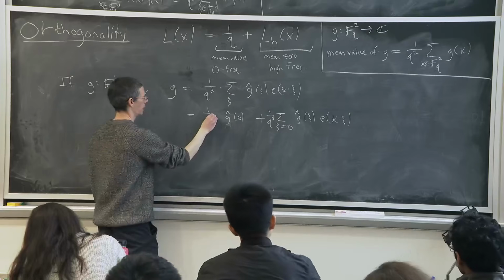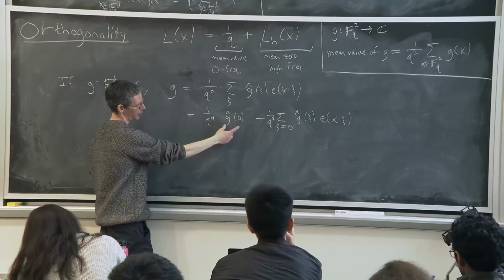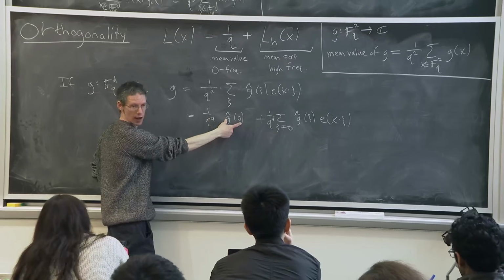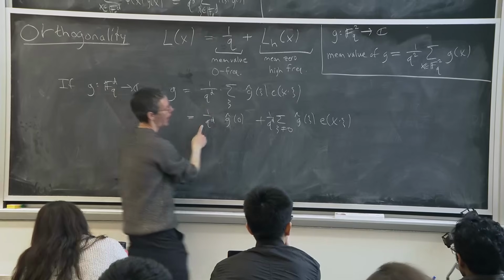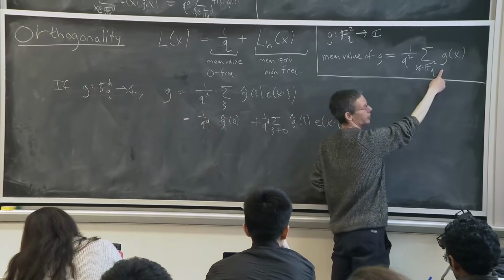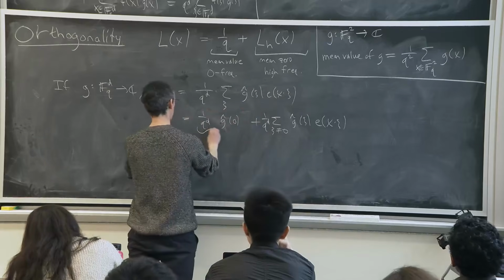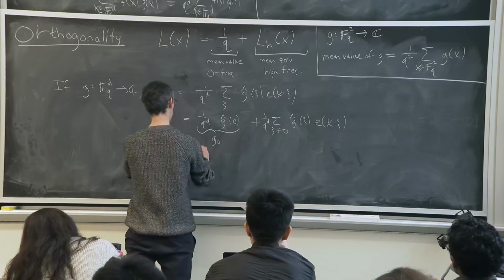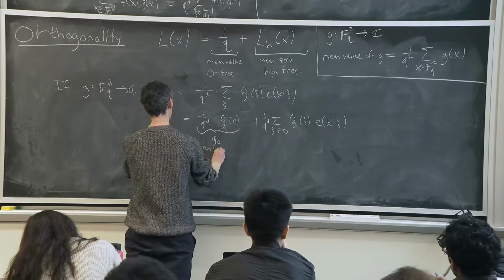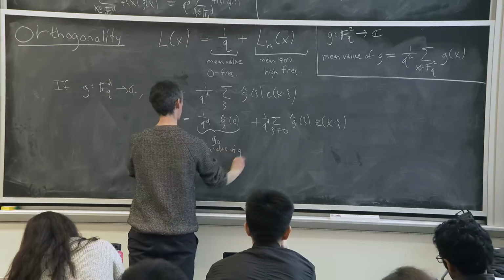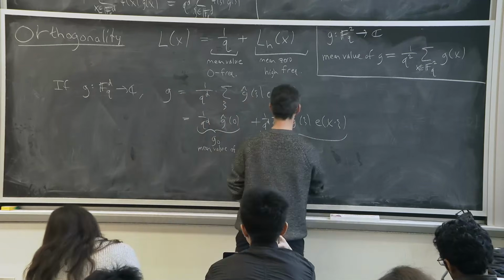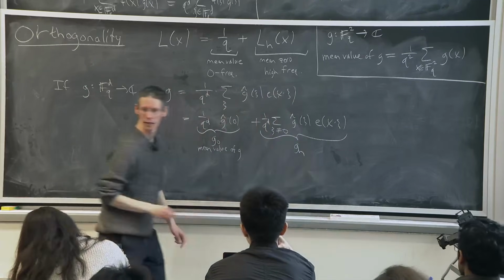All right. So if you think about what this is, g hat of 0 is just the sum of the values of g. And then I divide by that, I get this formula here. That's the mean value of g. So this is g naught, and it's the mean value of g. And this thing here we'll call g high.